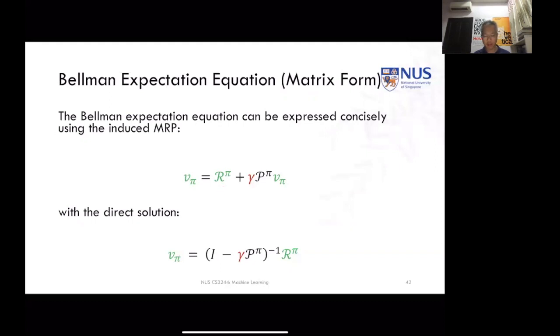And then I have a state transition matrix, but now predicated on the policy rather than just probabilities given by the environment. And then my value function. So I have v pi on one side and v pi on the other. I can solve for that, collect all the terms. Again, you're going to see that it has a matrix inverse, and I can solve directly for this.